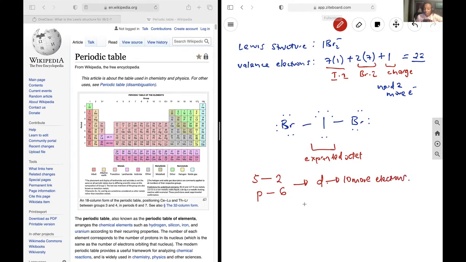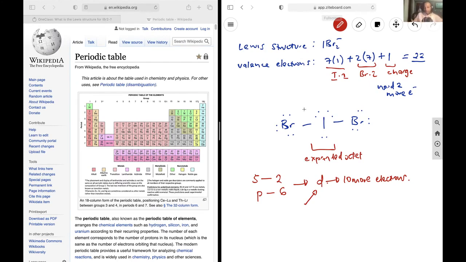And so they say at the first year undergrad level that the d orbital is the reason why you have an expanded octet. It's more complex than that. But for now, just keep note that elements including period 4 and downwards can have an expanded octet. Above them cannot. So if this was something else like lithium, I wouldn't be able to account for those 22 electrons, but I wouldn't have 22 valence electrons to begin with.